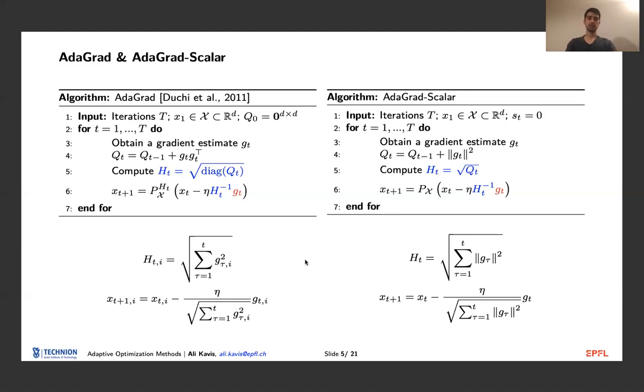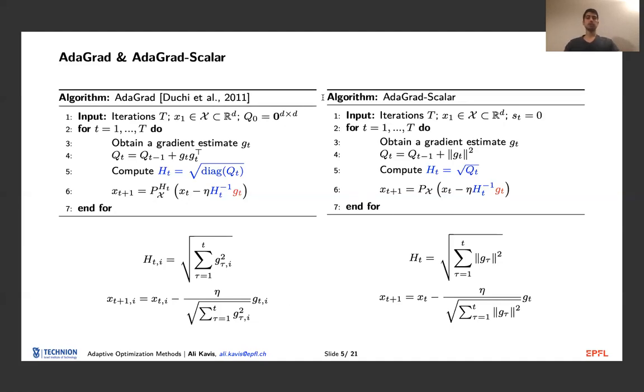And AdaGrad is basically the same, but this idea applied to every coordinate, meaning for coordinate i, we are accumulating the ith coordinates of all the gradients. We take the square of those elements, we sum them up and take the square root, and then apply the same descent for every coordinate separately.